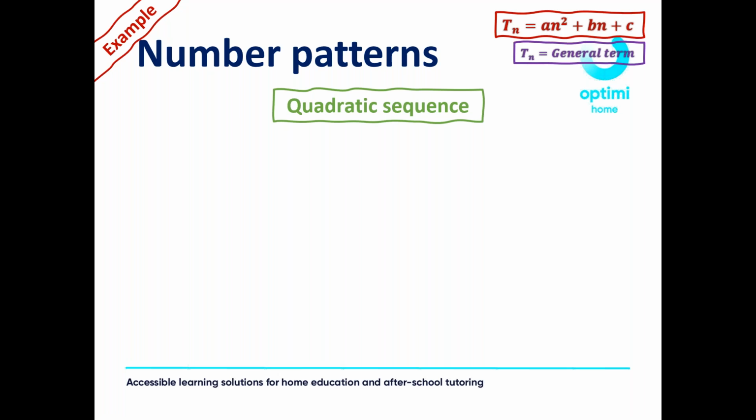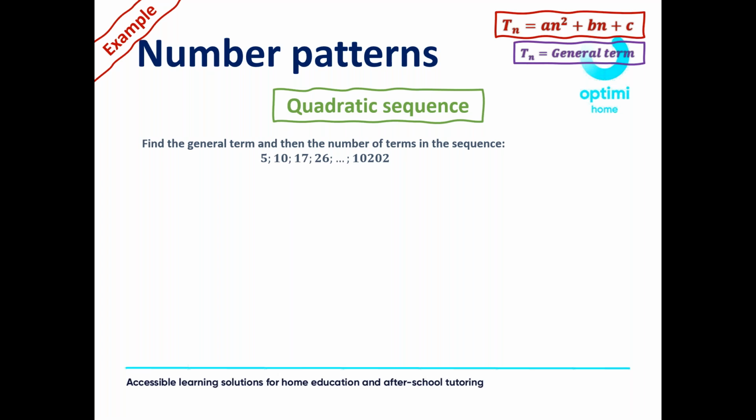So like I said, I'm going to use an example to actually explain this quadratic sequence to you. So they say, find the general term and then the number of terms in the sequence. Do you see they only give you the sequence? They don't tell you this is a linear sequence or a quadratic sequence. You need to test it.